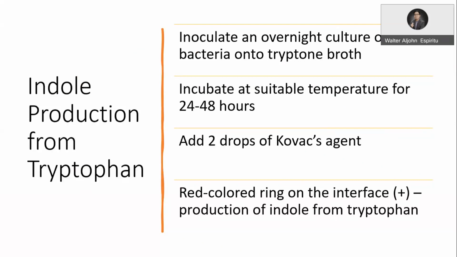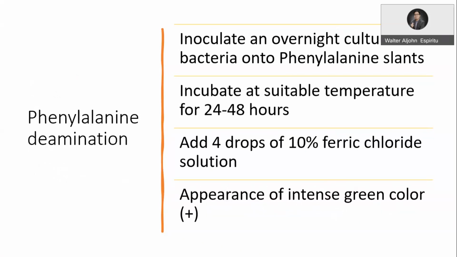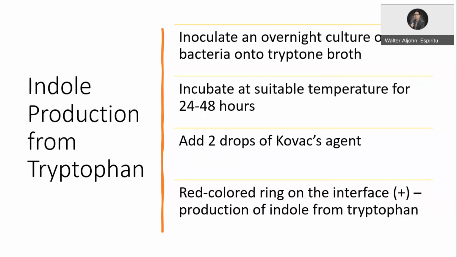If the microbe is able to utilize tryptophan as its carbon source, the indole will be released. So we will assess for that particular indole formation. The red color in the interface is an indication of indole, meaning the microbe can utilize tryptophan. And we have the tryptone broth in the lab, so therefore we can perform this.